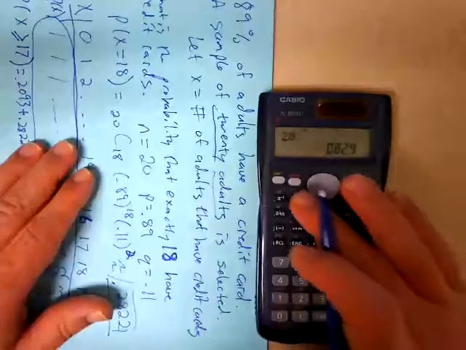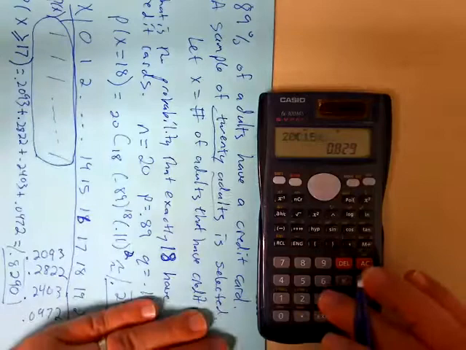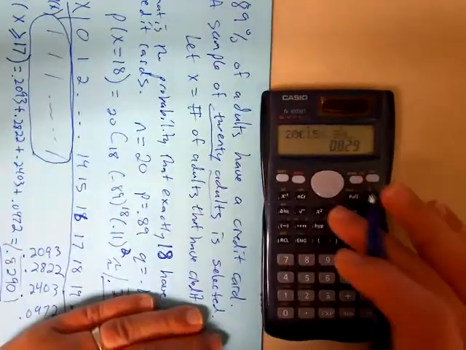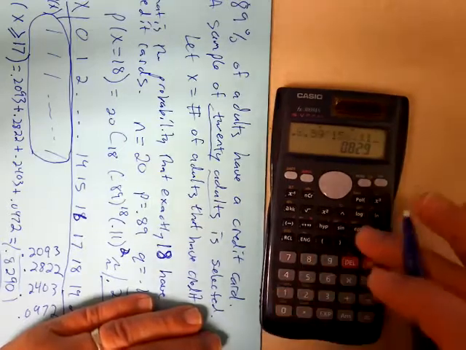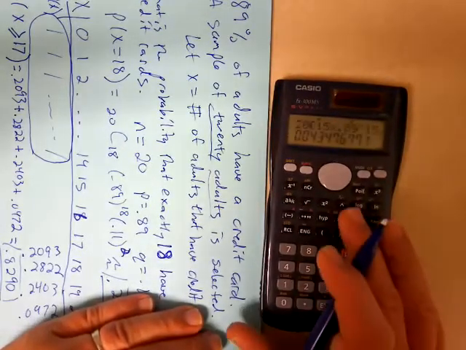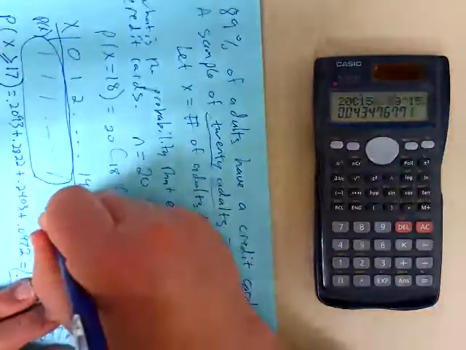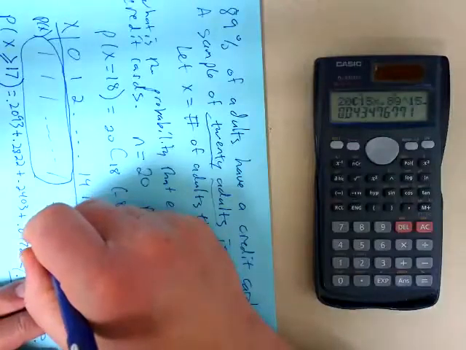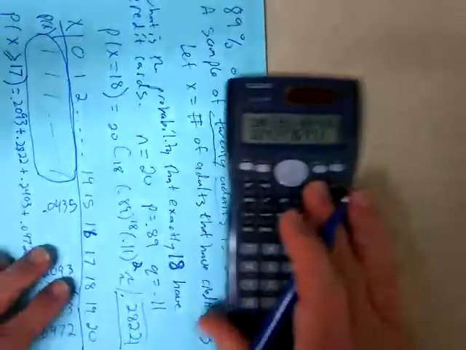So 20 choose 15 times 0.89 to the 15th times 0.11 to the 5th. And that is 0.0435 if I round to 4 decimal places. And now 16.